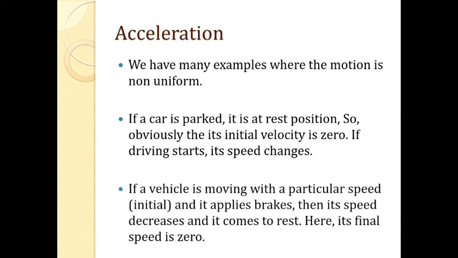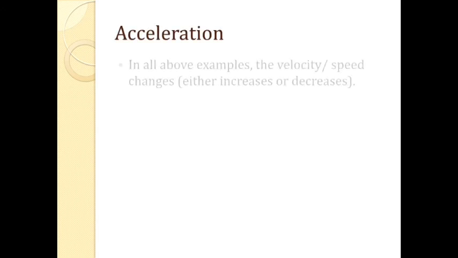If a vehicle is moving with a particular speed, initially you may consider any speed, and it applies brakes, then the speed decreases and it comes to rest. Hence the final speed is 0. All these examples were of non-uniform motion.